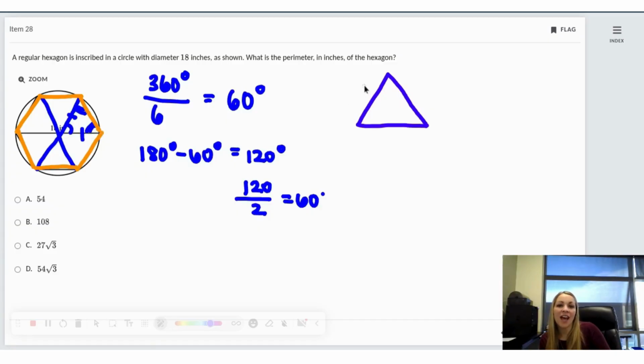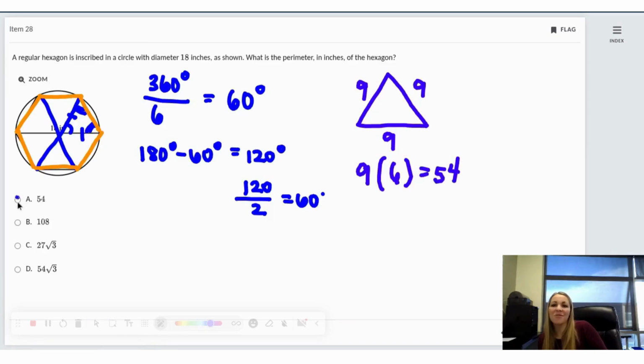So I need to cut that in half. So this is going to be 9, this is going to be 9, and this is going to be 9 because it's an equilateral triangle. And I have that 9 6 times. So 9 times 6 is 54 for the perimeter. And I'm going to match that with answer choice A.